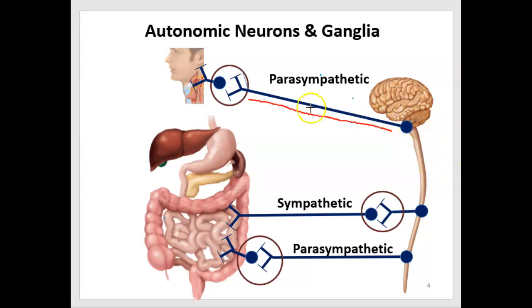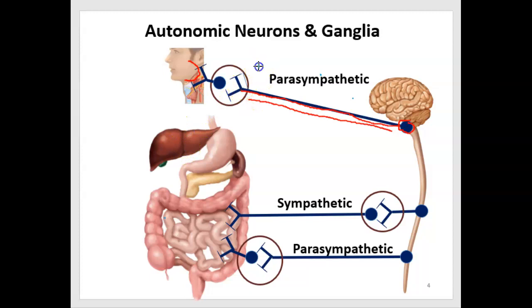And this is going to innervate some visceral structure in the head or the neck, maybe a salivary gland, or a blood vessel, and the smooth muscle in a blood vessel. So the first neuron originates in the brainstem, that's the cell body, and the axon goes out to the effector, the organ. But before it actually enters the organ, there's another neuron that takes over the signal.